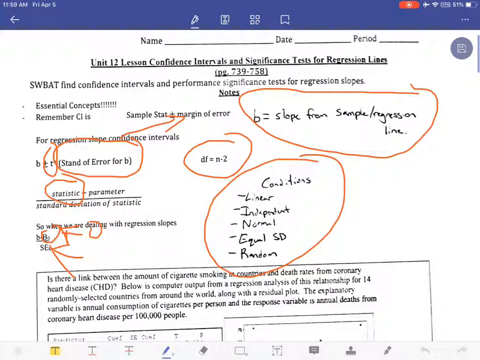So the first one is linear. We want to look at the scatter plot or the residual plot to tell if it's linear or not. Independent: you want to make sure that the individuals, the selections, are independent from each other, which means when you select one person from the sample, it's not going to affect the next person that you select.